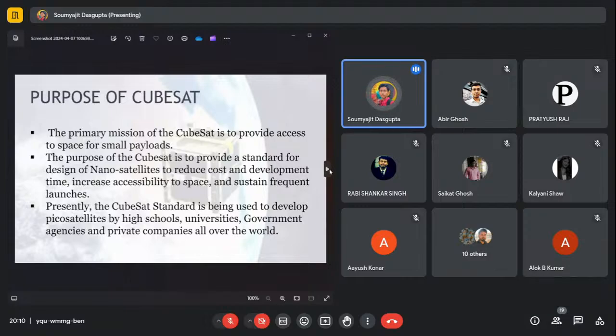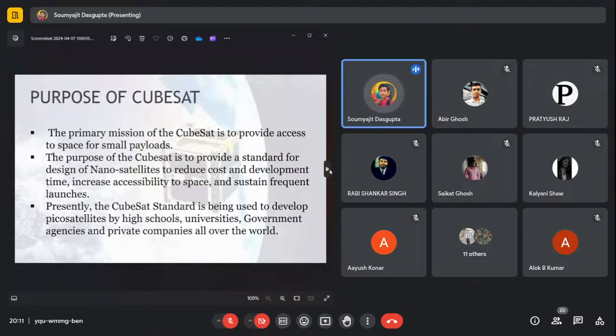So if you want to reduce the cost and send an experiment to space, then you will need a CubeSat. It will cost minimum $100 and maximum it will go up to $1,000. In INR, it will go up to 80 to 90,000 rupees maximum.